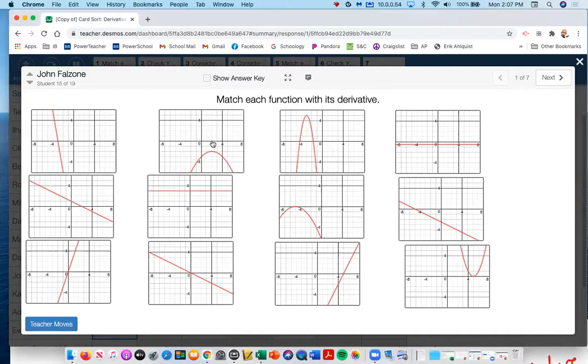Does that make sense? It's a graph that's going up, and then it gets to 2, and then it goes down. Yes, I got that.